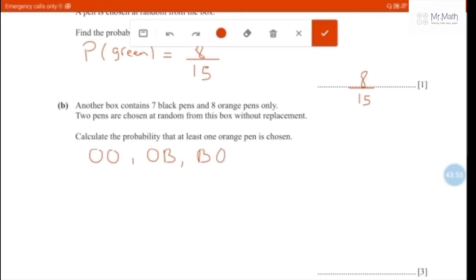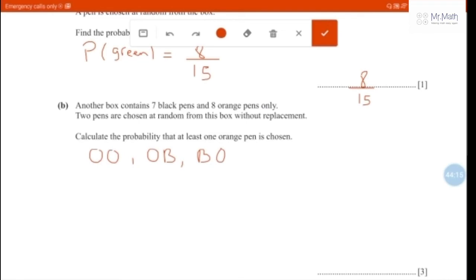So I have 3 different scenarios. So either the first pen is orange and the second pen is orange, or the first pen is orange and the second pen is black, or the first pen is black and the second pen is orange.